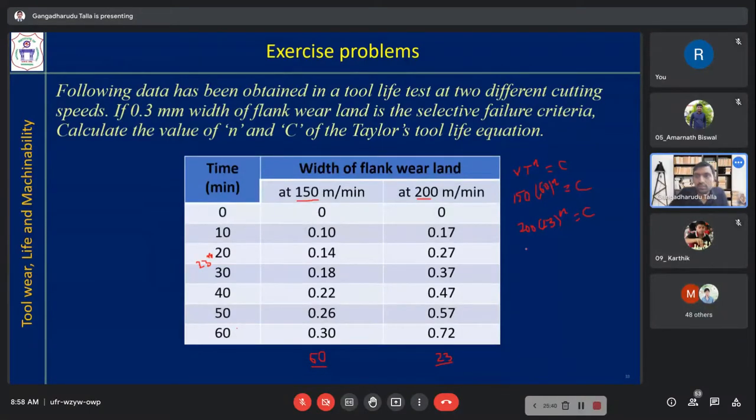Any of you other guys, please check. N and C values have got the same. Any other? Yes, sir.